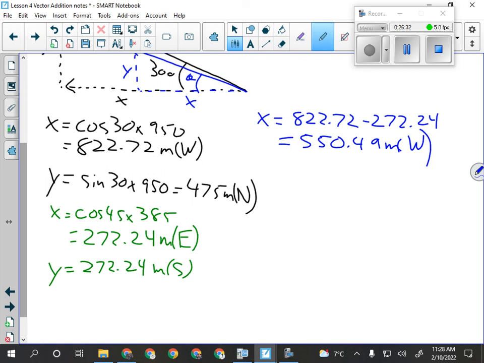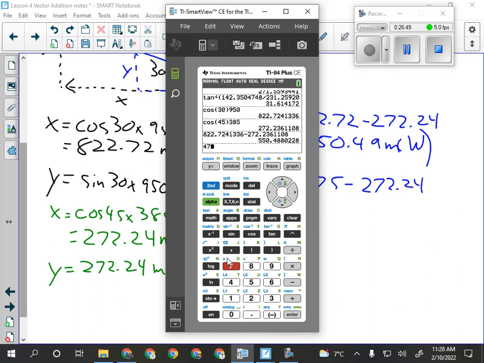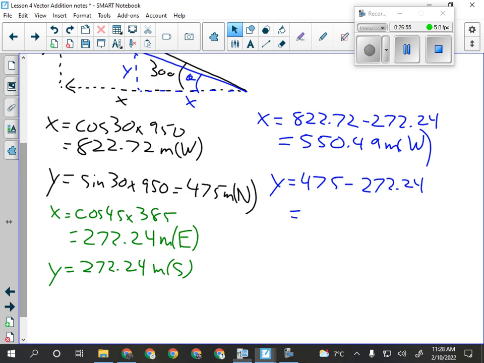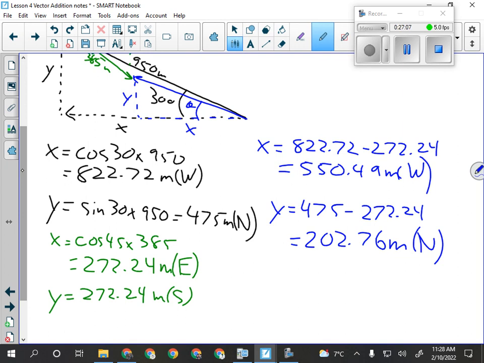It's a little longer than y, so far so good. And then for y, I'm going to have the 475 meters north minus the south, which was 272.24. Okay, 202.76 meters north. All right, that really does fit pretty well. It's a good thing I redrew the triangle because it wasn't going to look that good the way I originally had it drawn. So now the scale is much better.